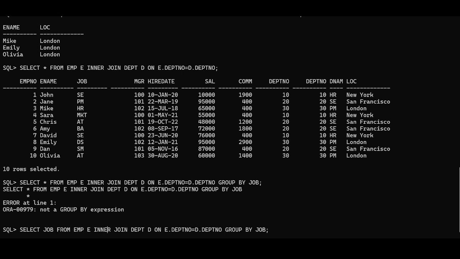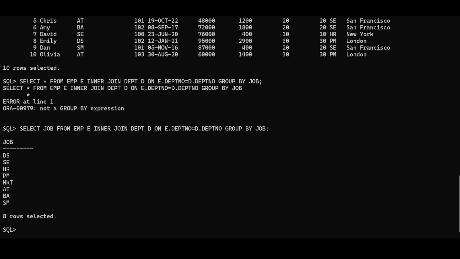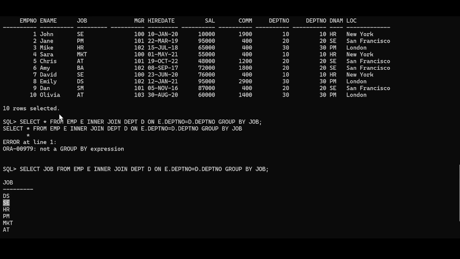Select job from. Okay, there is a complete inner join query followed by the group by expression. Now all the jobs are segregated. There are no duplicates. I want to find the sum of salaries in each and every job. For software engineer, what is the salary?